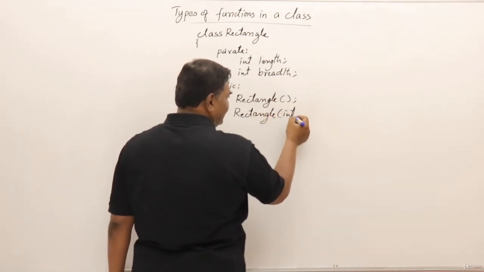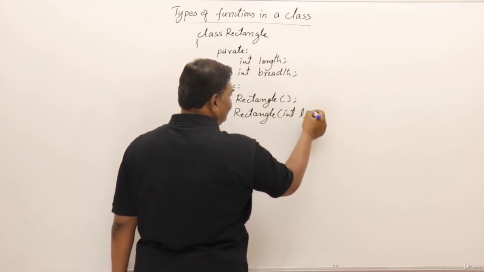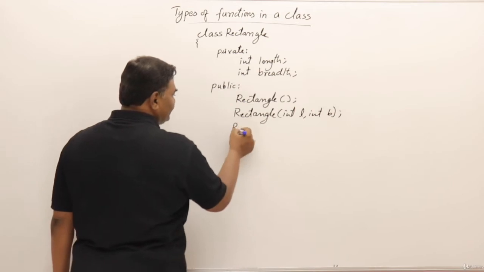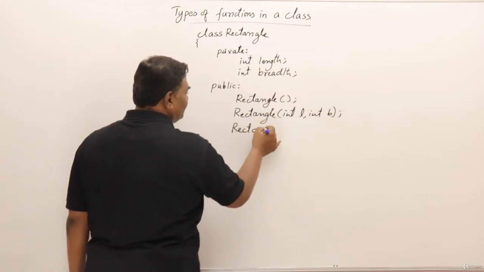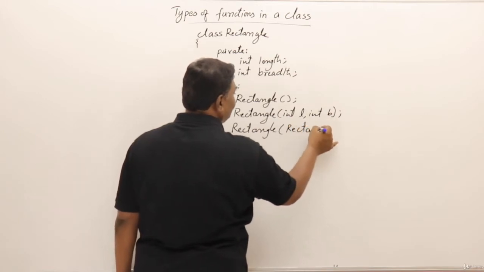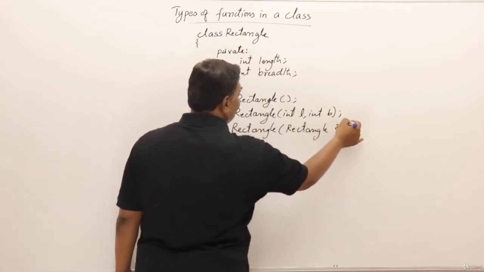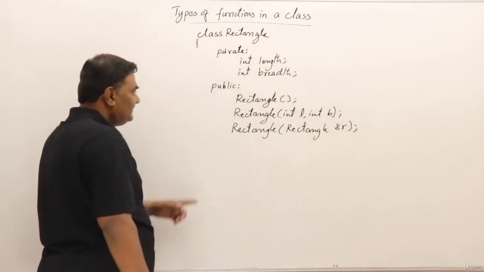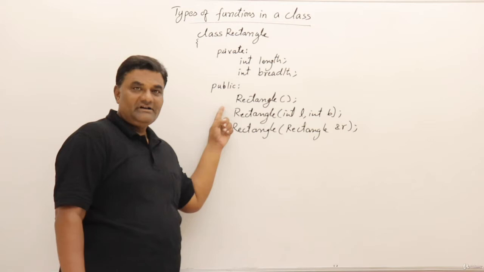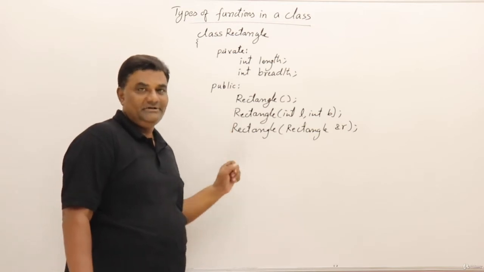I can just leave it and give a comma, otherwise I can give a name also, length and breadth. Then next is the copy constructor, that takes Rectangle itself, and it takes a reference of a Rectangle. These are the three constructors: default or non-parameterized, parameterized, and copy constructors.